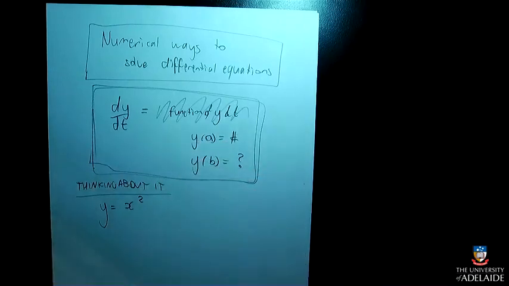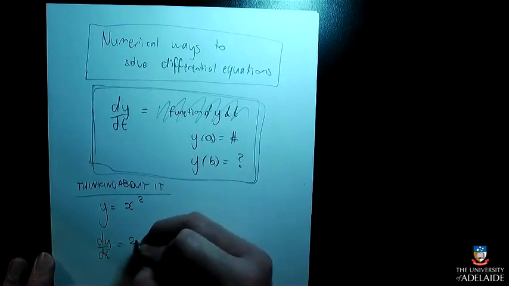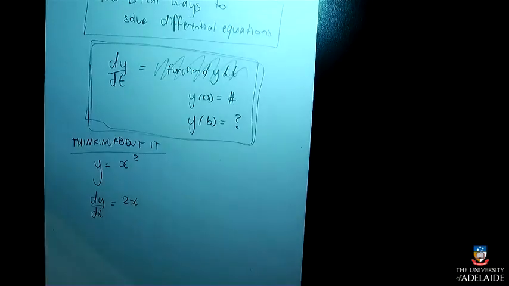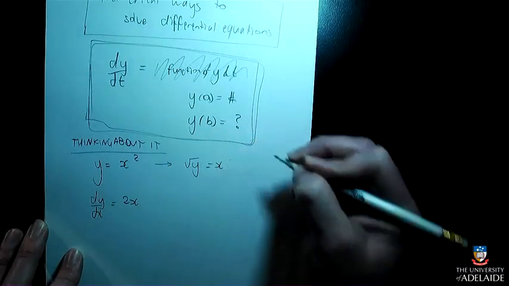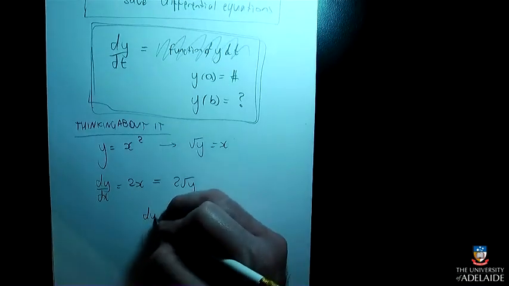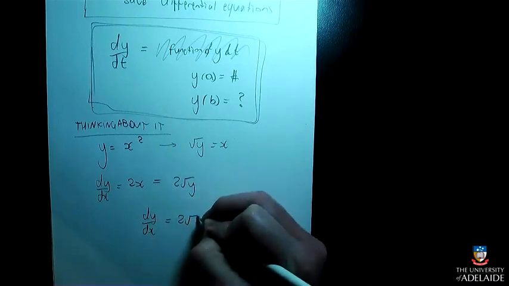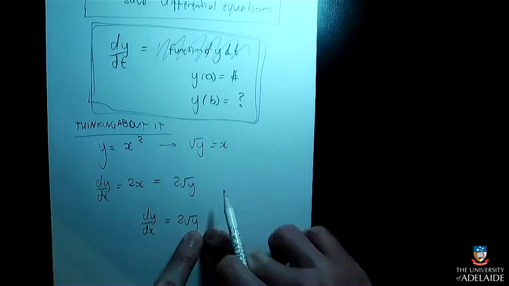So if we had y equals x squared, for example, then you would know that dy on dx was 2x. And you could reason that this is the same thing as 2 times the square root of y. And so what we would have then is a formula involving y and x in order to calculate, a formula that tells you what dy and dx is based on the value of y instead of a value of x.